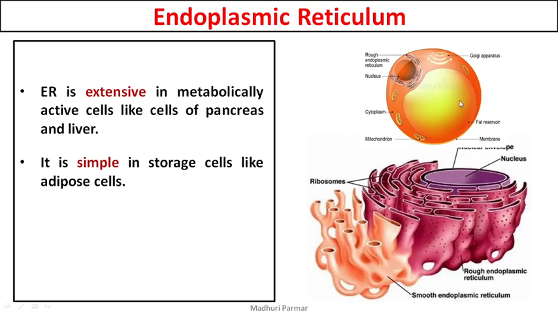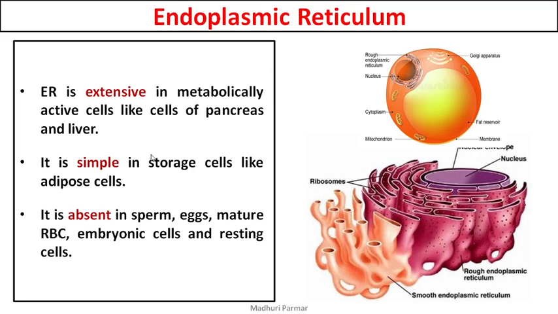And if you notice, the cytoplasm is very reduced, and in that cytoplasm the endoplasmic reticulum is still further reduced, compared to the diagram we saw in the previous slide. In this cell, you can see that it is very much reduced and very simple in such storage cells.